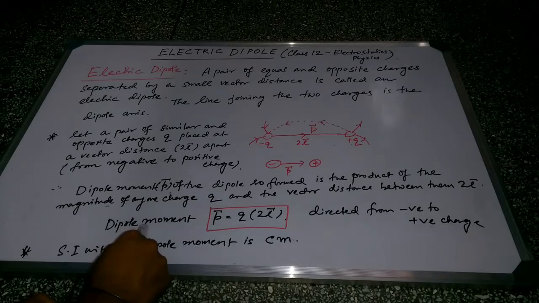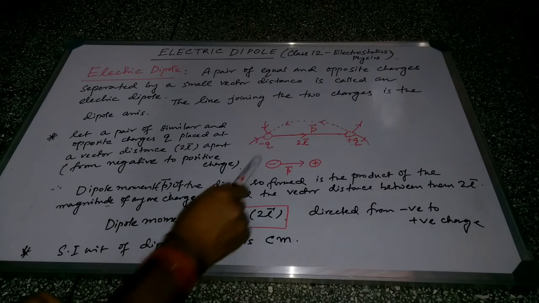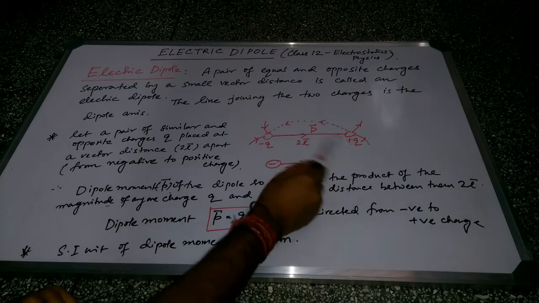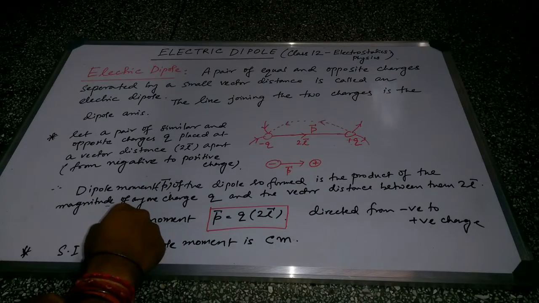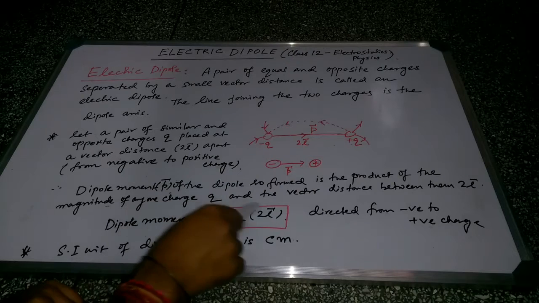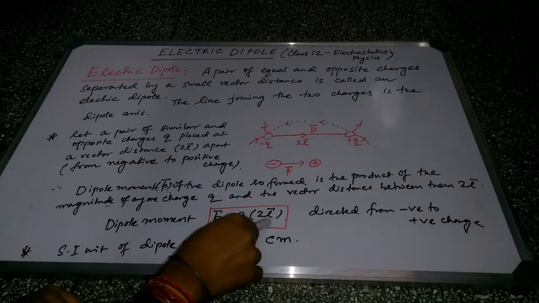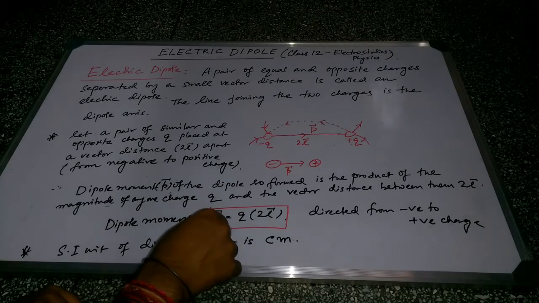The product of these two gives me the electric dipole moment. So P vector is equal to q into 2L vector. P vector is the electric dipole moment.